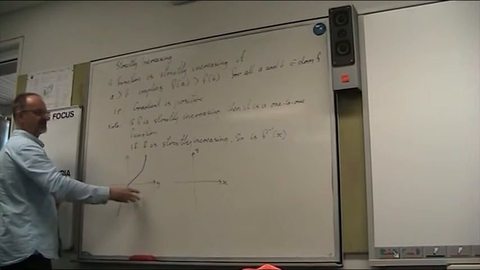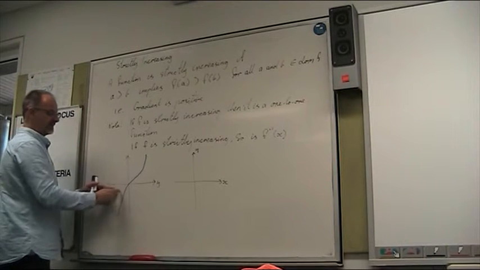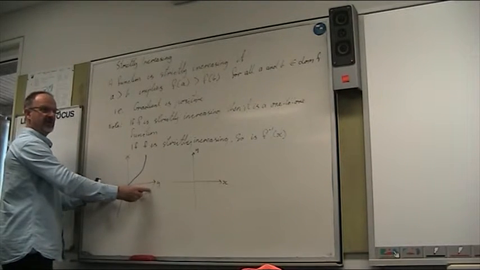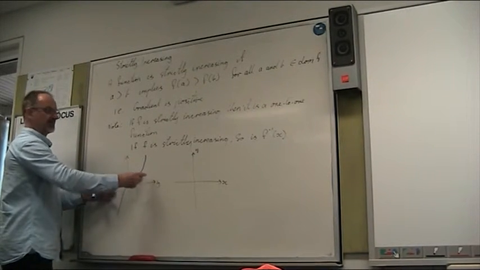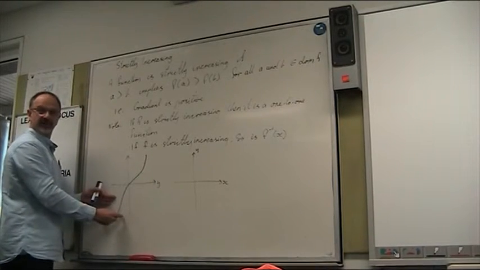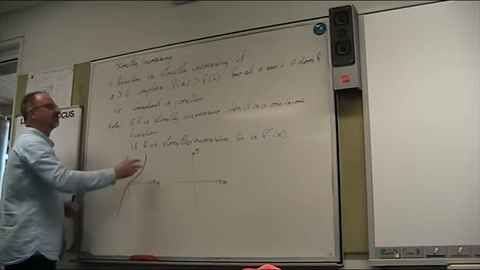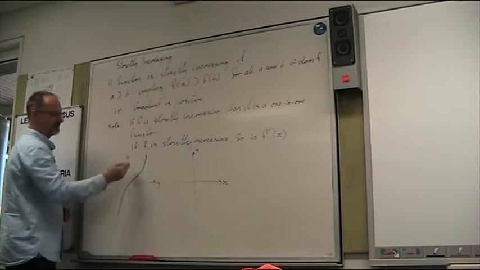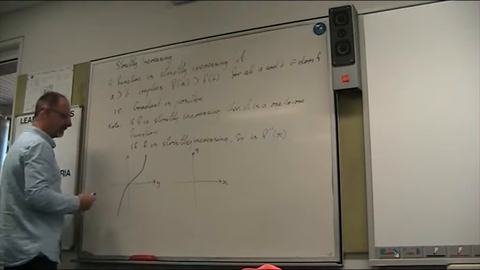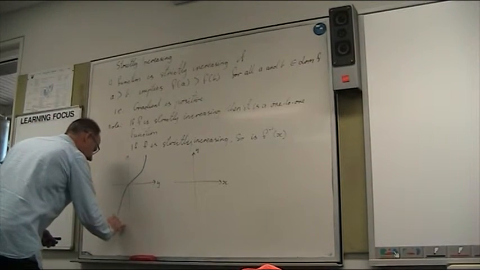For some x value that's bigger than this x value, we want the y to be bigger than this y. That's what all that's saying, so positive gradient. So that would be strictly increasing.